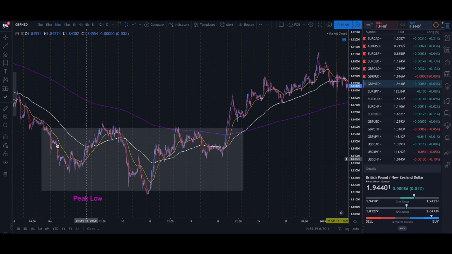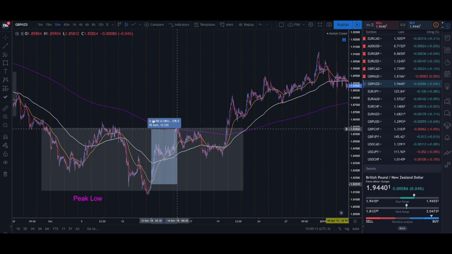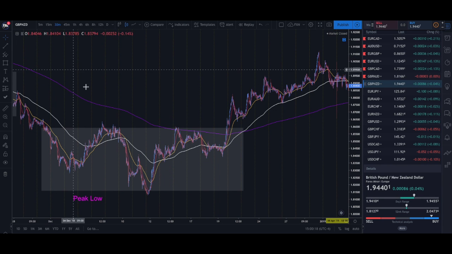All right, but anyway, since we're reversing, you see how price always goes to and passes the 800 EMA, guys. So these trades, when you get them right, are typically 300 pip trades. These are the home run trades.